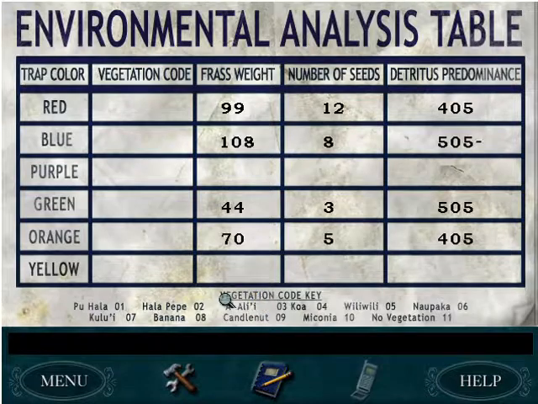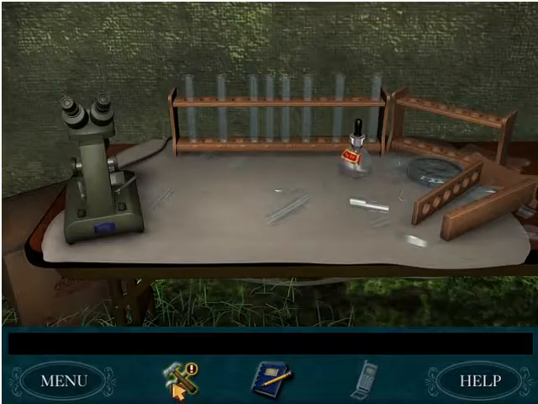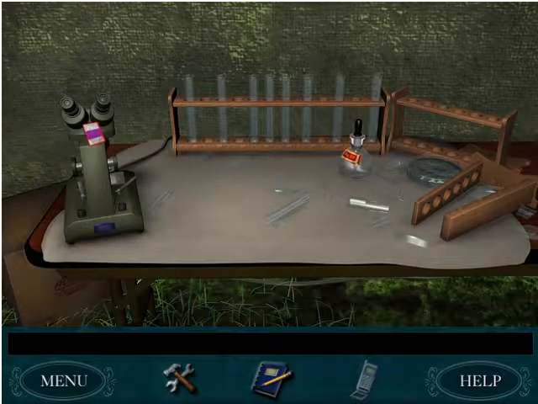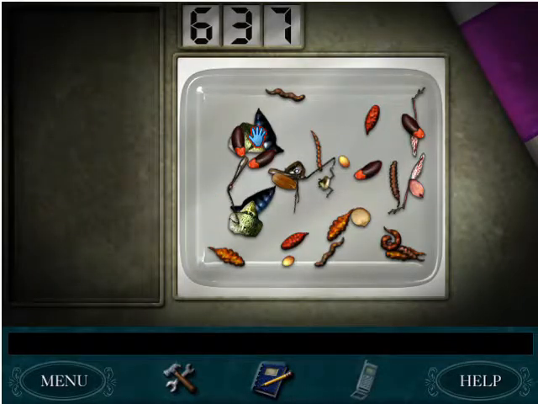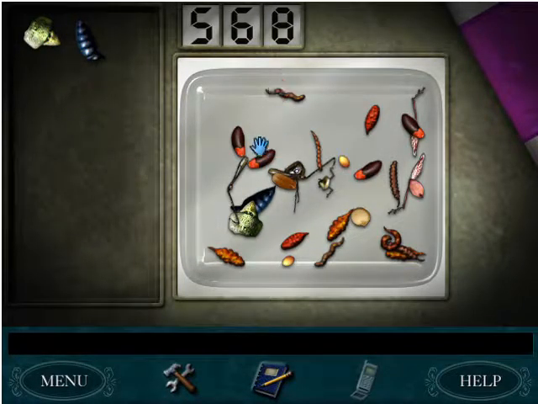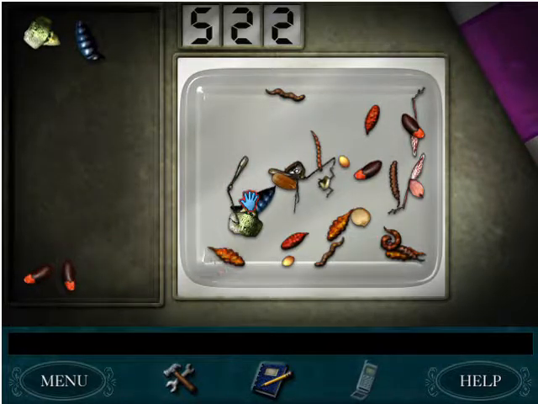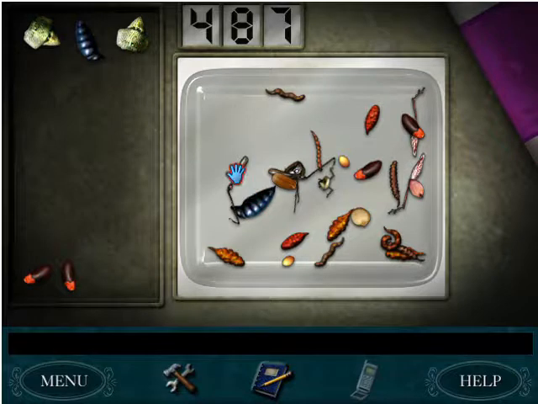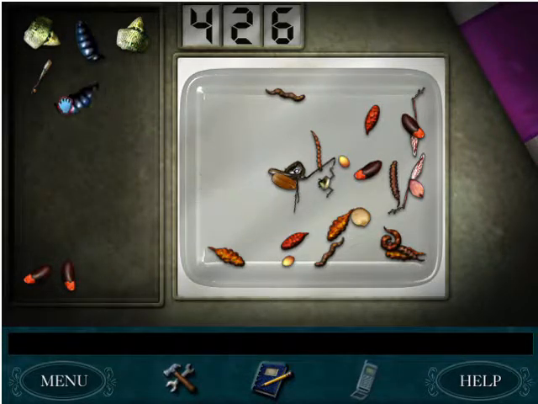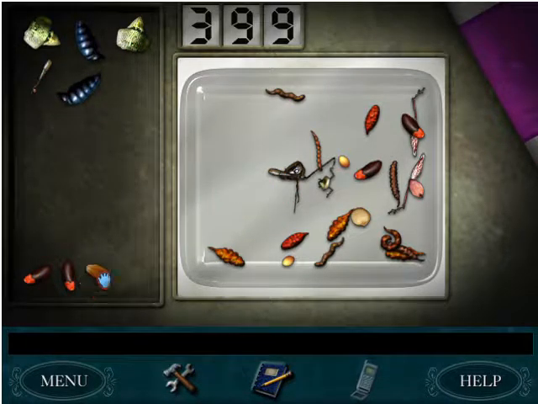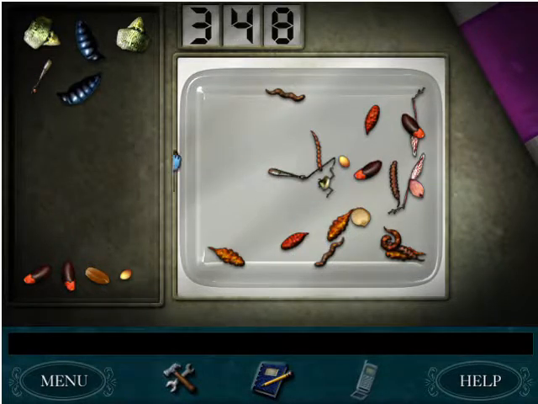Okay, so now we just need to do purple and yellow. Almost there. Purple. That is a bug head. That is a bug body. That is a seed. That is frass. That is a seed, because it's smooth and round, not bumpy like the frass parts.